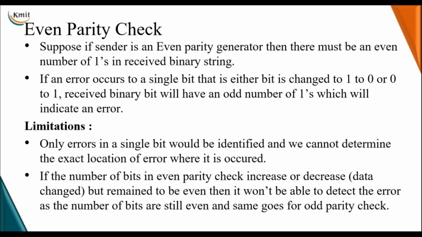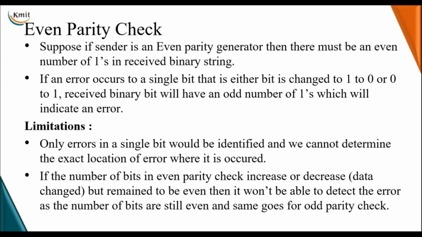The same goes for odd too. If your sender sends an odd number of ones, say 3 ones, and the receiver receives 5 ones after multiple changes in the data through that channel, it will just count the number of ones received. If it matches the odd parity, it doesn't ask for retransmission.